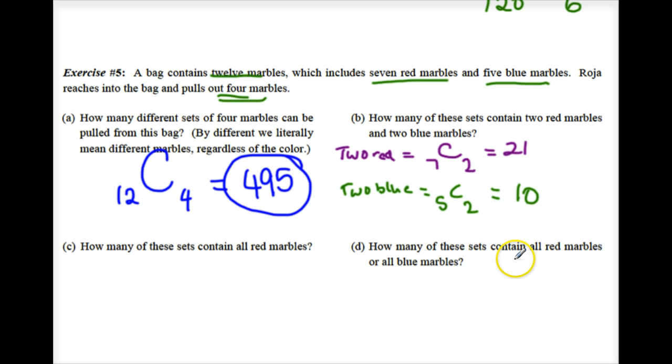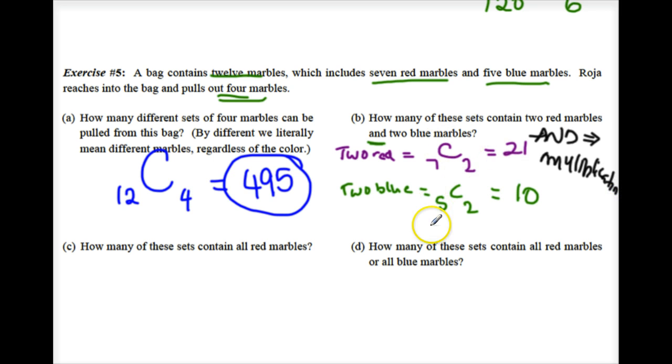It says, how many sets? So it says a set of 2 red marbles and 2 blue marbles, and in this case, we need to make a note. When you see the word AND, this means multiplication.